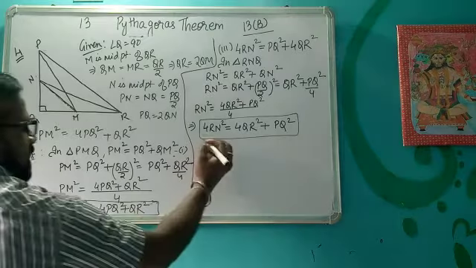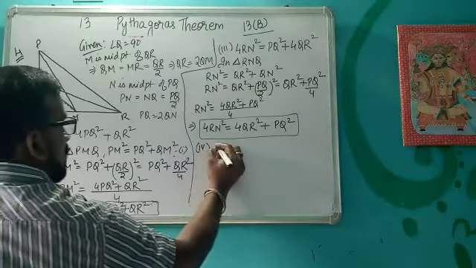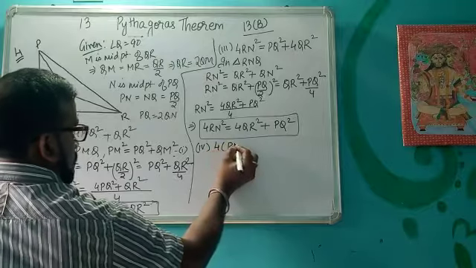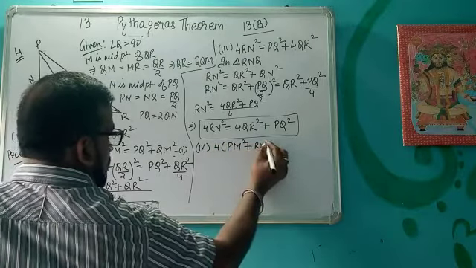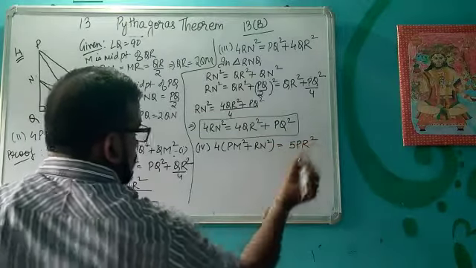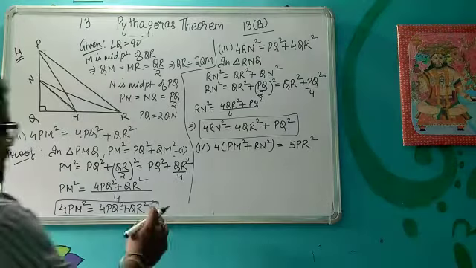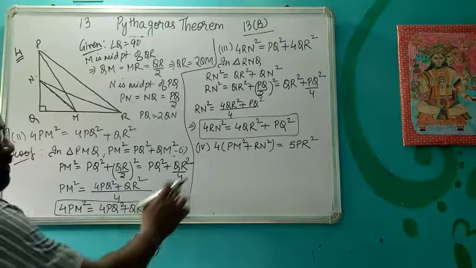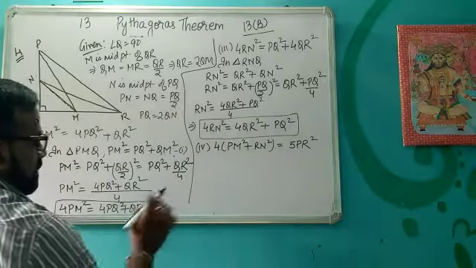Then in the last part, that is the fourth part, 4 times PM square plus RN square equal to 5 PR square, that we have to prove. So see, these two parts we have proved. So we are going to add these two.